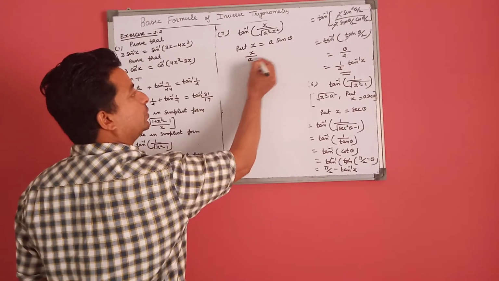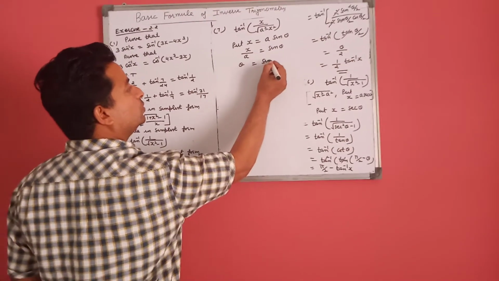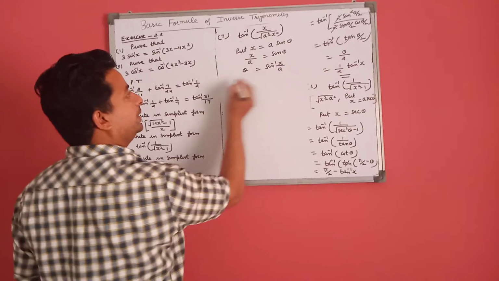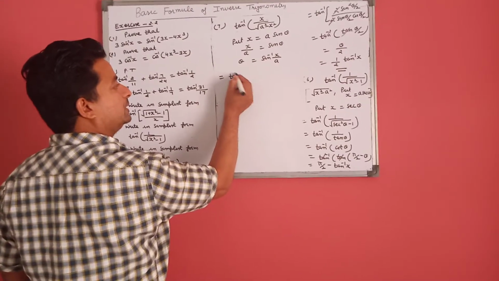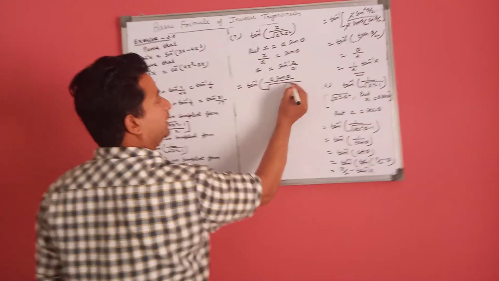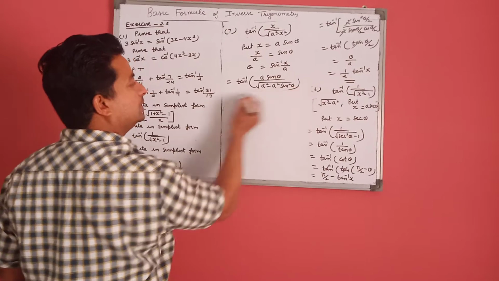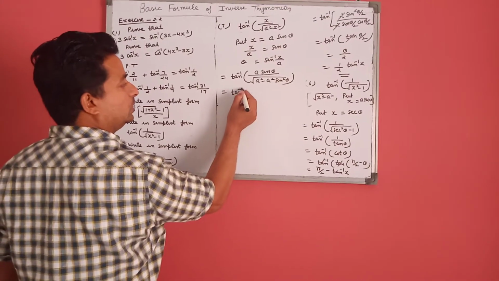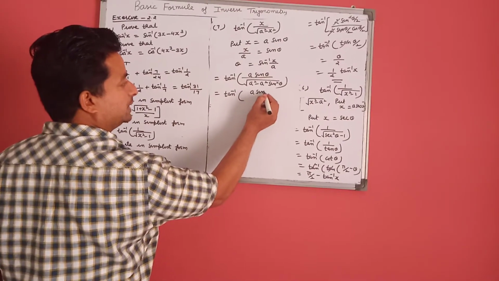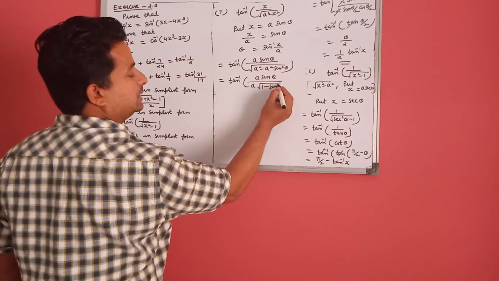So x upon a is equal to sin theta, and theta is equal to sin inverse x upon a. So this becomes tan inverse of a sin theta upon the square root of a square minus a square sin square theta. Take a common: 1 minus sin square theta.